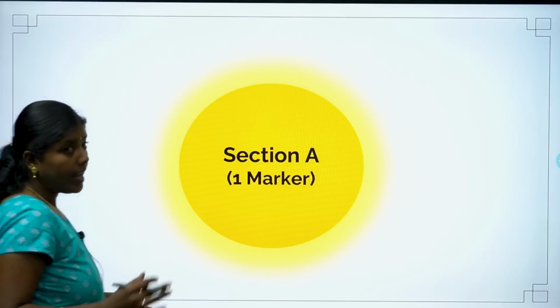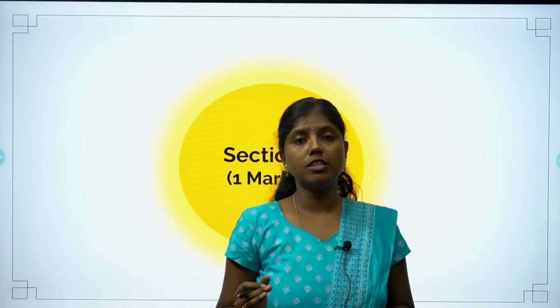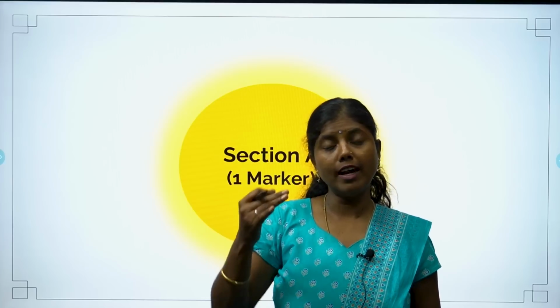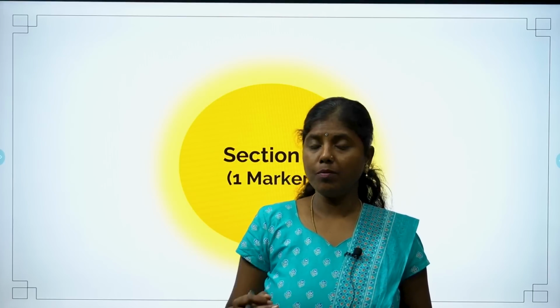Section A, I have told you in model question paper 1 when I had taken that session. It's very important that whenever you are writing MCQs, fill in the blanks, you leave one line gap and then you write the answers along with the options, and remember that you answer section wise.